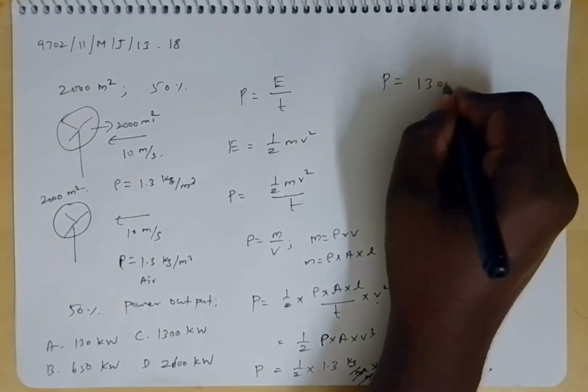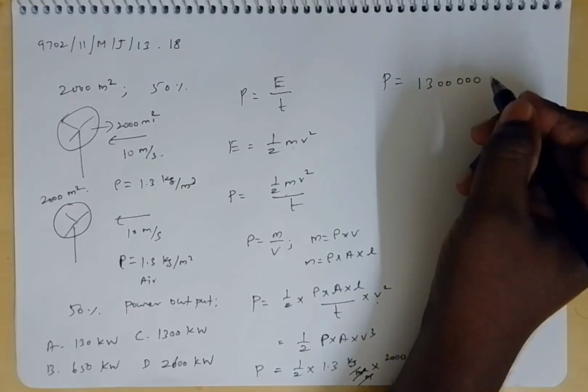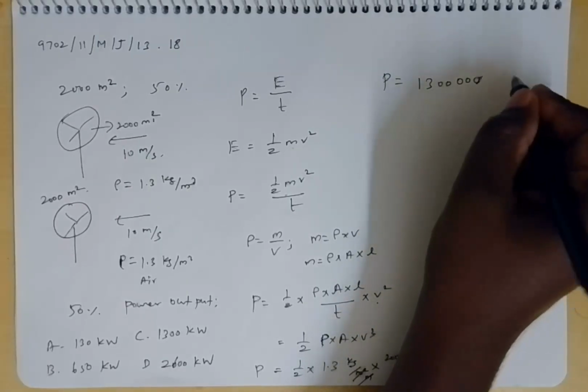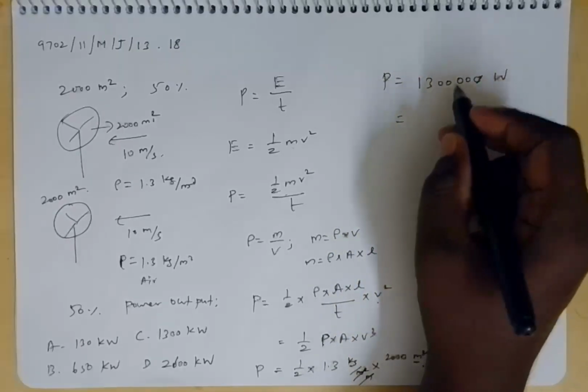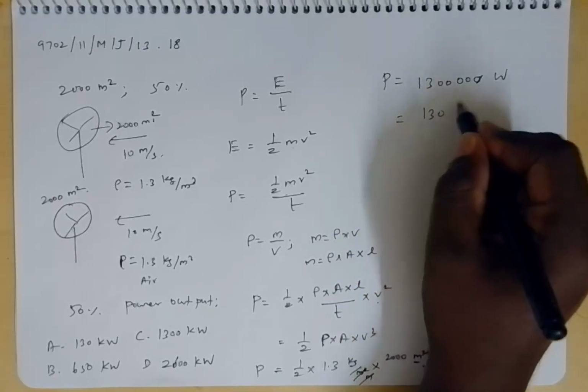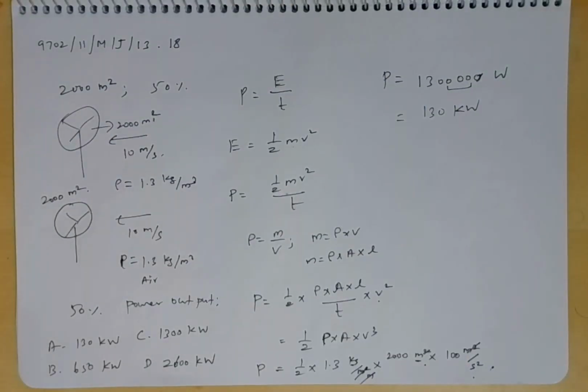So 1300, 4 zeros. So this will be 130 kilowatt. And there is an option for this, right? So if you choose that, it will be wrong.